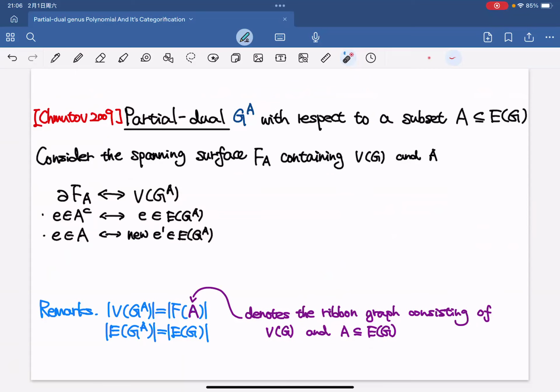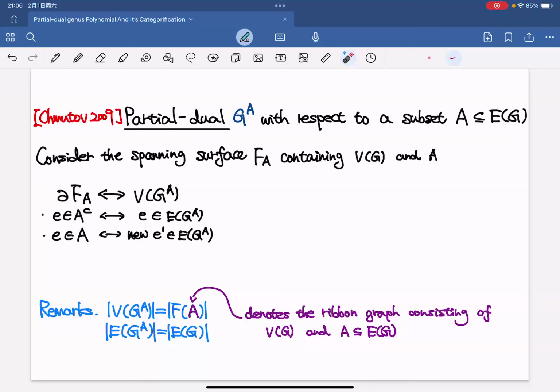Suppose we have a ribbon graph, and we fix a subset A of the set of edges. Then we can define a new ribbon graph, and we use G^A to denote it. How can we construct it?